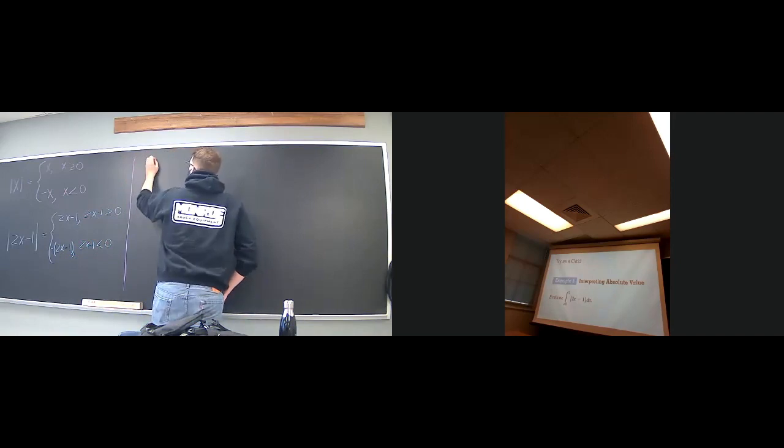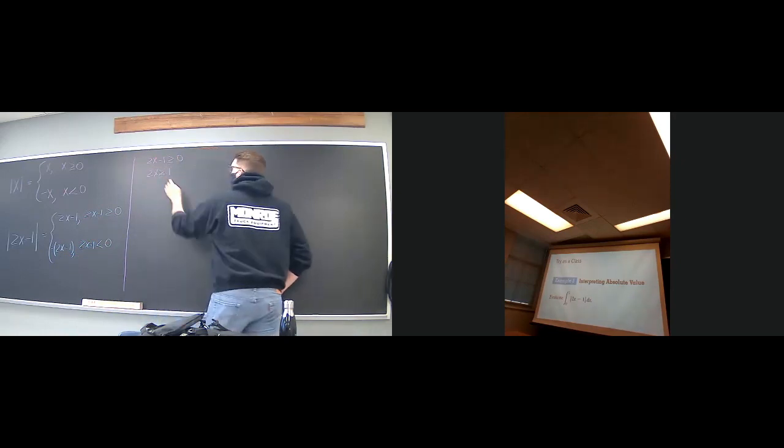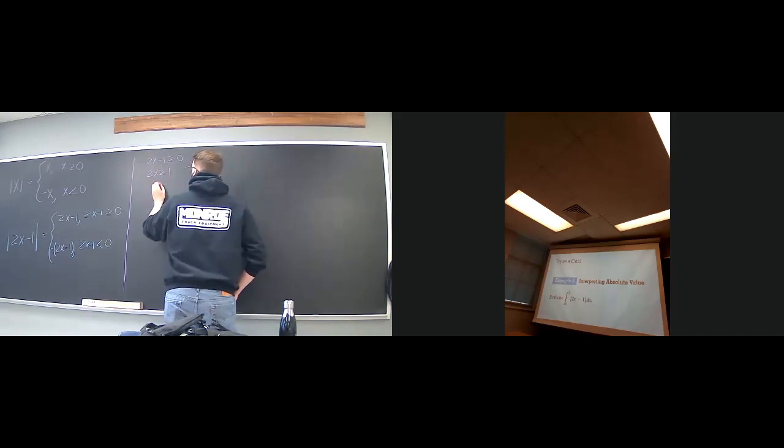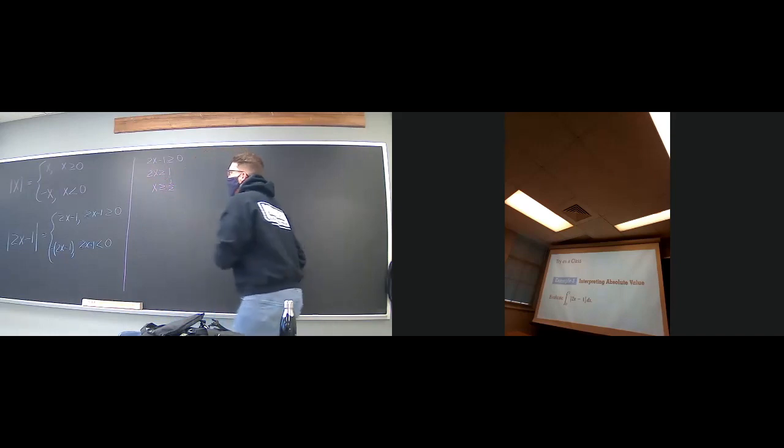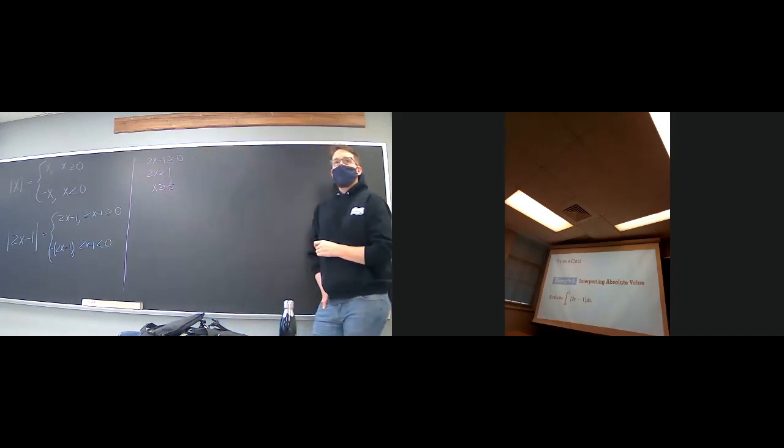So we got 2x minus 1 is greater than or equal to 0. Add 1 to both sides. Divide both sides by 2 now. And we've got whenever x is greater than or equal to 1/2.